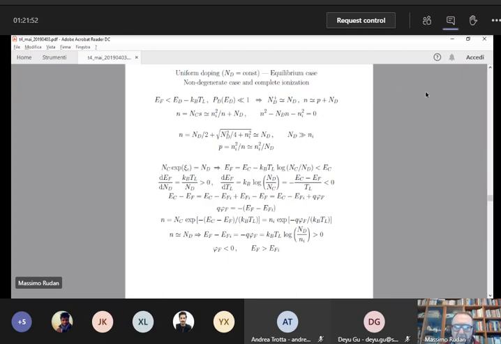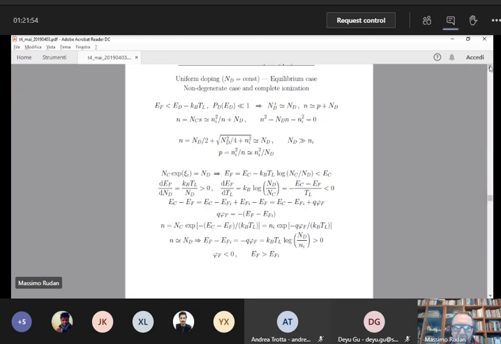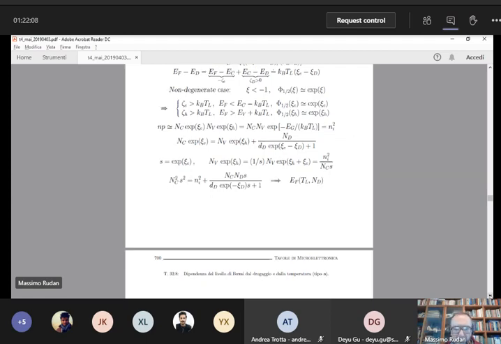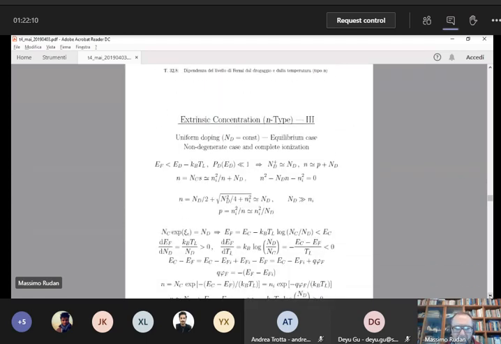And this must be coupled with the other information that the product np is equal to ni squared. Ni squared, of course, is something that we can easily calculate. Okay, we know the formula of ni squared.